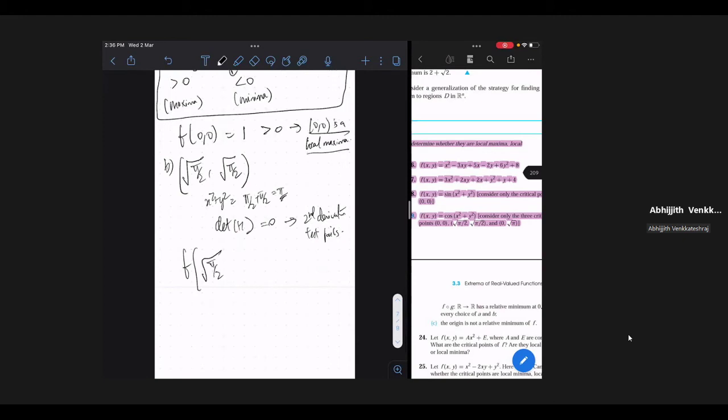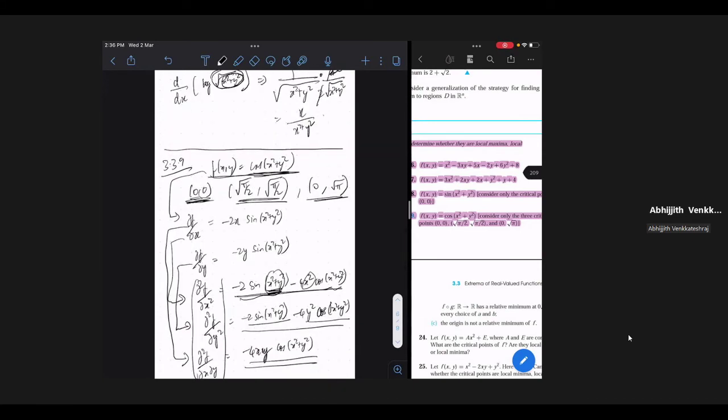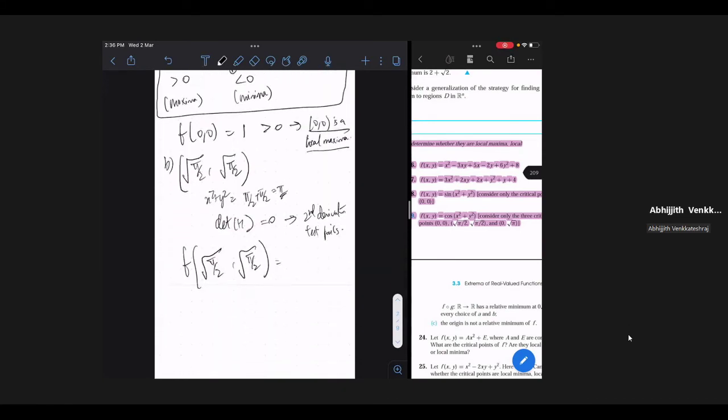Once it fails, we fall back to this property where we just find f of root of pi by 2 and root of pi by 2. So let's see what happens if we substitute here. You'll get cos of pi, and this is minus 1. Now since minus 1 is less than 0, this point is a local minimum.